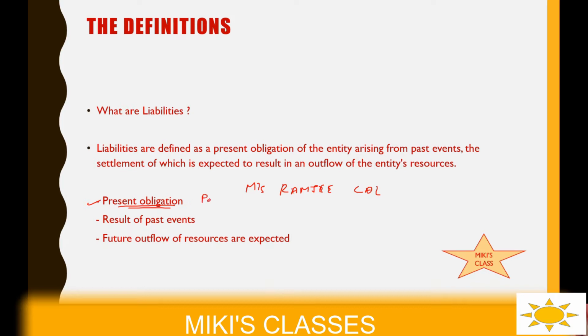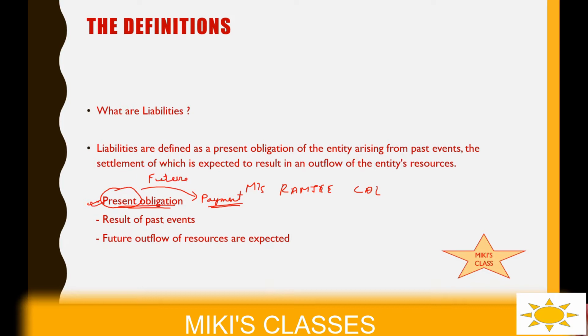We have to make a payment. Don't get confused by this word present. It doesn't mean that the payment has to be made immediately, but at some point we have to make the payment. But the obligation is present, which means it is already there that a payment has to be made. At what date? That might be in the future. So the first point is correct.